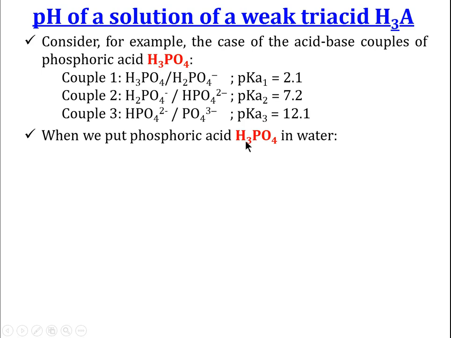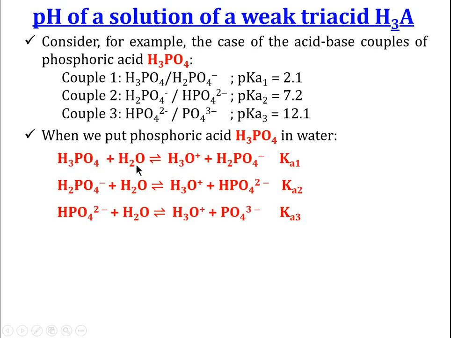When we put phosphoric acid in water, we have three dissociations. The first corresponds to the couple H3PO4, H2PO4 minus, characterized by K of the reaction equal Ka1.